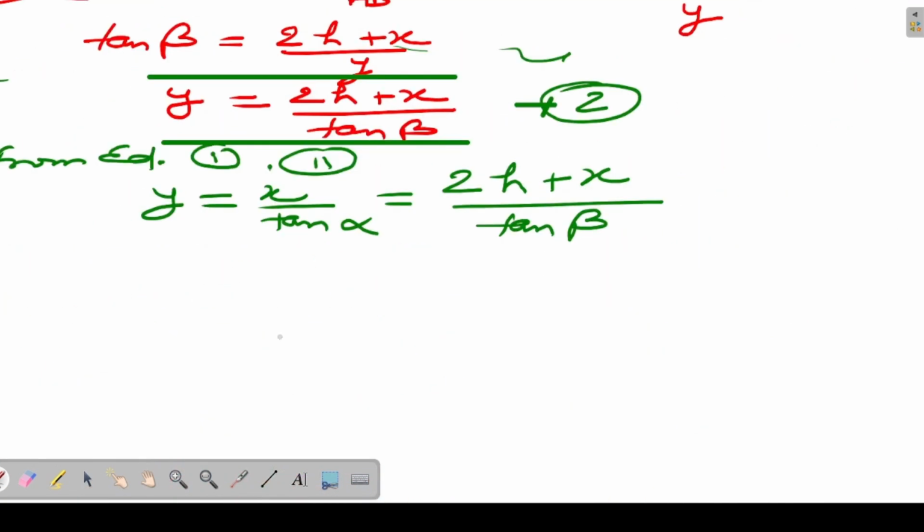So let us solve it. From this you can get the value of x. What is the value of x? Let us solve it. Multiply x by tan beta, that means x tan beta equals h plus x tan alpha.